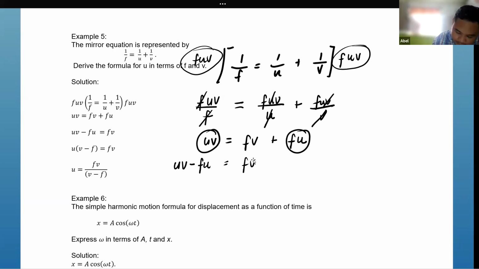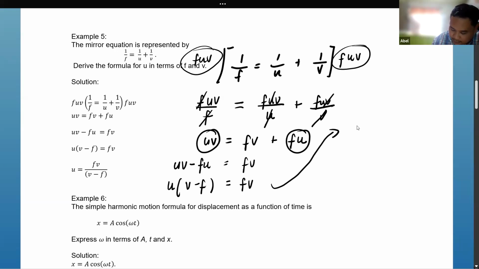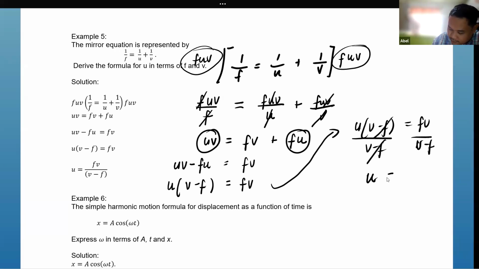And so here, we could factor out the u, which is v minus f, equals fv. Further solving, we divide both sides by v minus f and cancel out the v minus f. So we have u equals fv over v minus f.